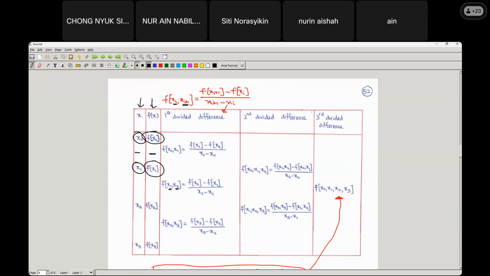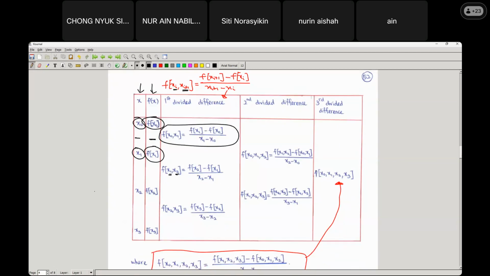Okay, next we get this from this value. Now to calculate f[x1, x2], we have to take f(x2) minus f(x1), divided by x2 minus x1.